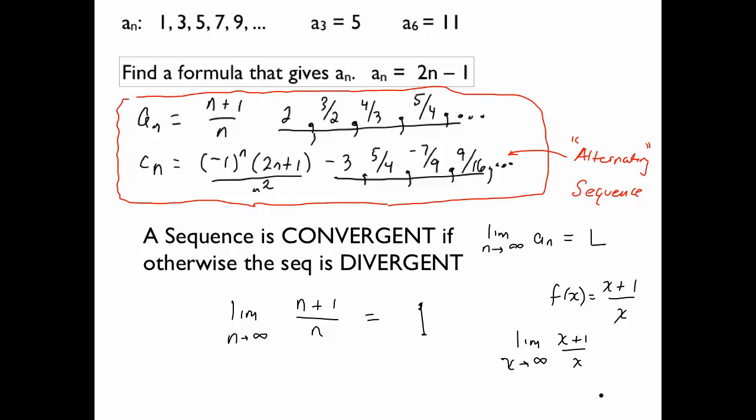Remember in rational functions, how do you determine that limit? You compare if the degrees of the numerator and denominator are the same. Remember, you take the ratio of the leading coefficients. And that was 1. So for finding limits, you can treat these sequences like functions. Okay, but in a second we'll see how they're the same and how they're different than functions.